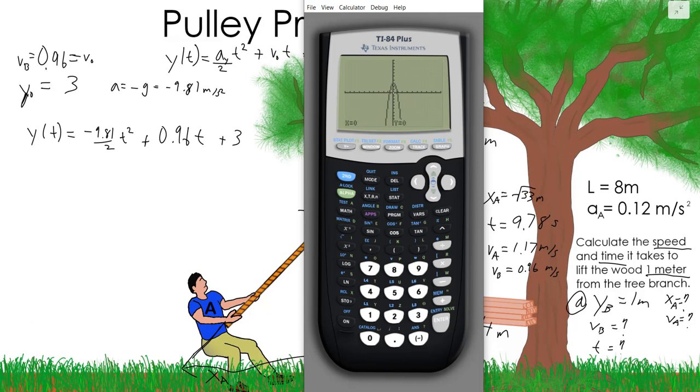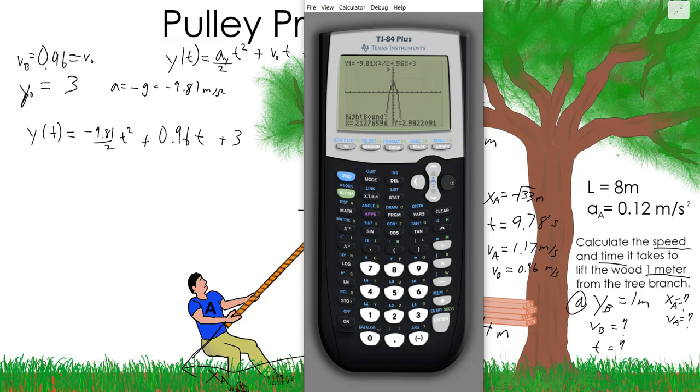Just back to that. Okay, and then we can go to max here on our calculator. So left bound, just go left of the peak and press enter. Right bound, go to the right of the peak.